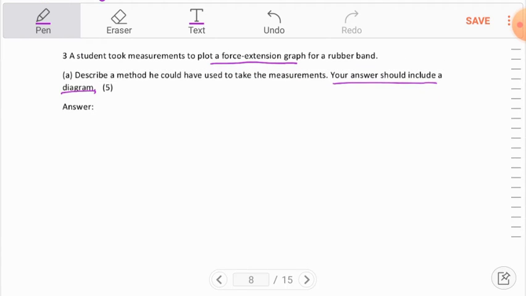I am drawing the equipment freehand, but you have to draw all the equipment using a meter ruler or scale.